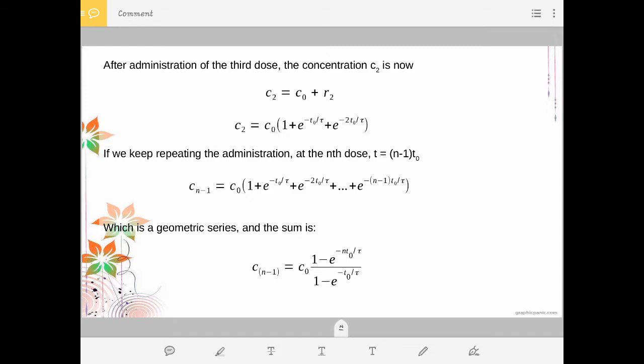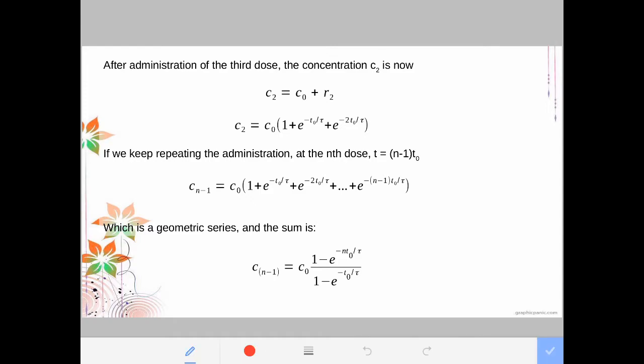So now the concentration of our drug, continuing on from our pattern here, is C0 times this sum. This is from the first dose, the second dose, the third dose, and so on and so forth until you get to the nth dosage.